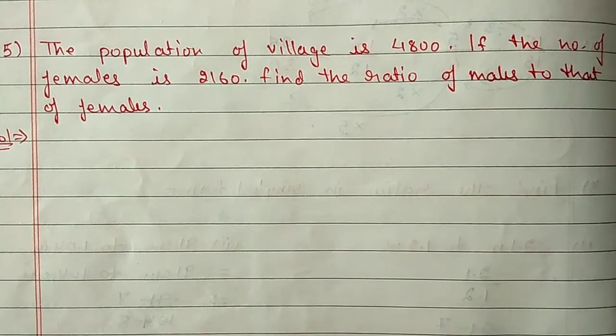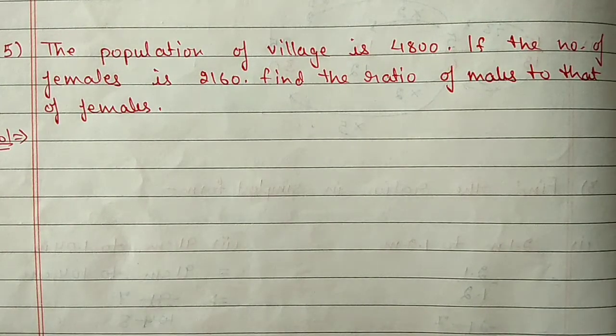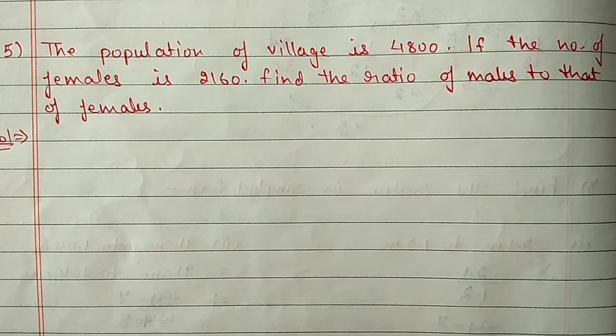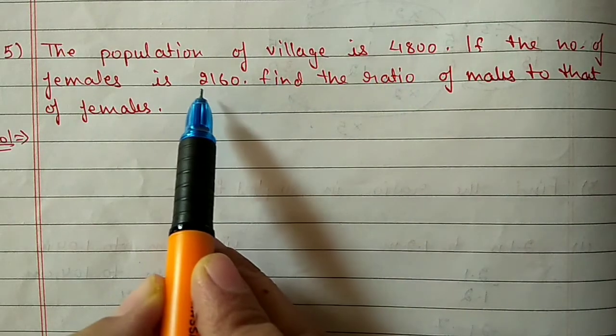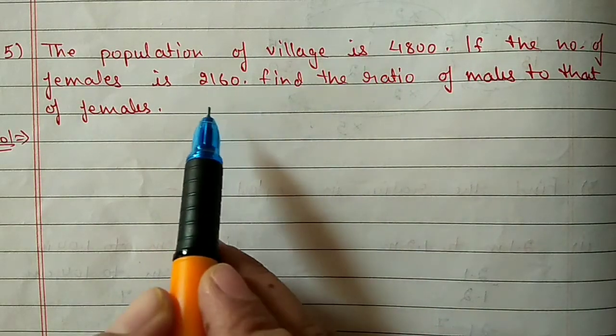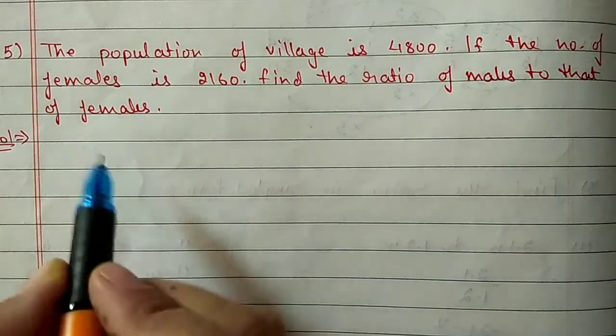Next question number 5. The population of a village is 4800. If the number of females is 2160, find the ratio of males to the females. So the total population is given and the number of females is given. We can find out the number of males by their difference.